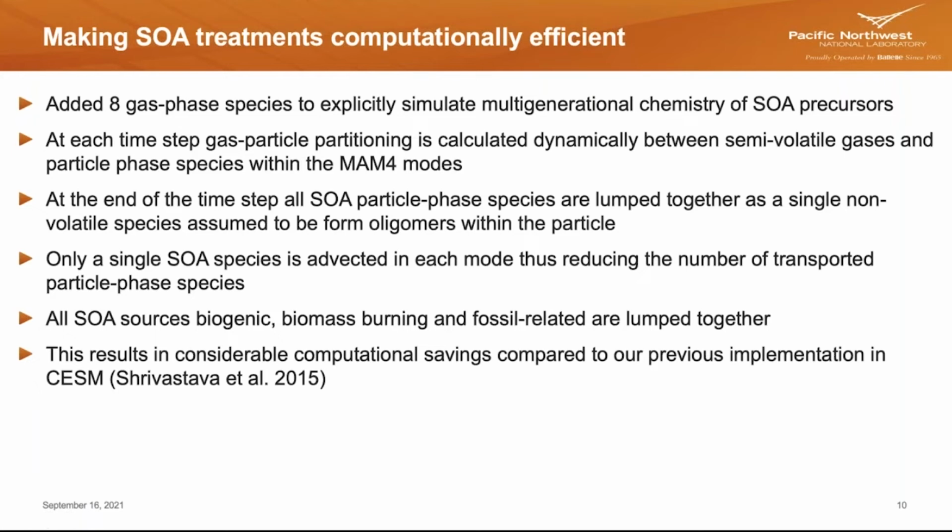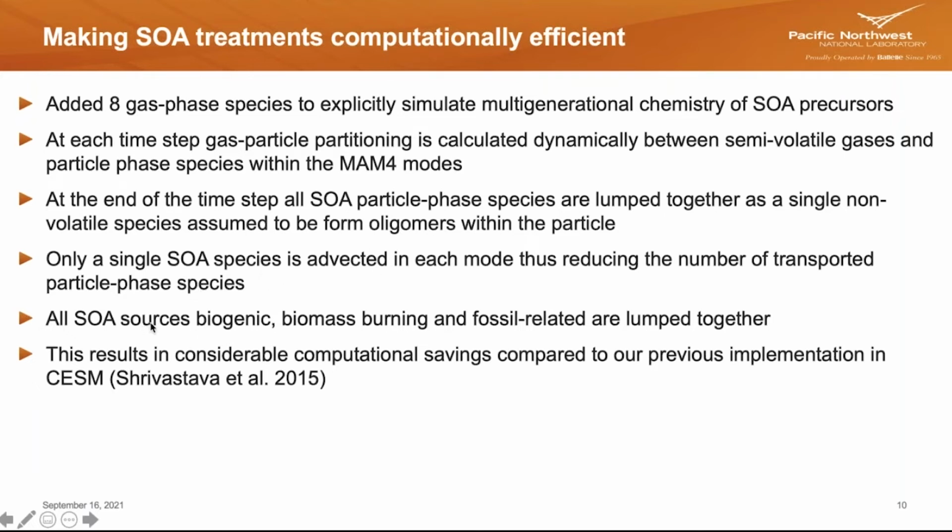So we have a lot of local tracers now in the code, but at the end of each time step, once we calculate the partitioning to all the SOA particle species, we lump them together as a single species, which is assumed to form non-volatile oligomers within the particle. In that sense, we only have to advect a single SOA species in each mode, so we reduce the number of transported particle phase species.